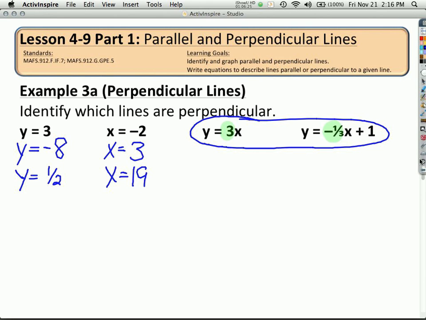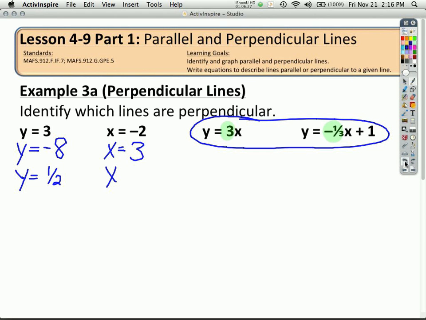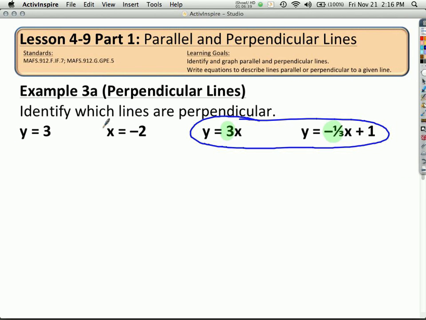Okay? So let me back up. If one of them is horizontal and one of them is vertical, what does it mean for them together? Jesse? They are perpendicular, absolutely.